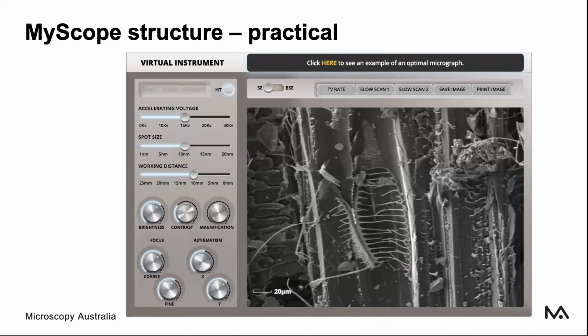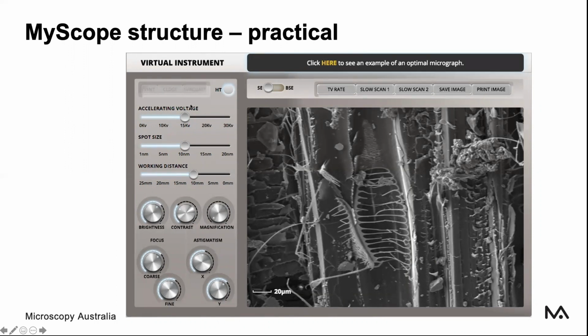Now, this is the practical simulator part of the SEM module. The simulator here, as I mentioned earlier, is not aligned to any particular vendor's interface. It's not branded, it's not copied. It simply has the different features that you would encounter in an SEM interface.